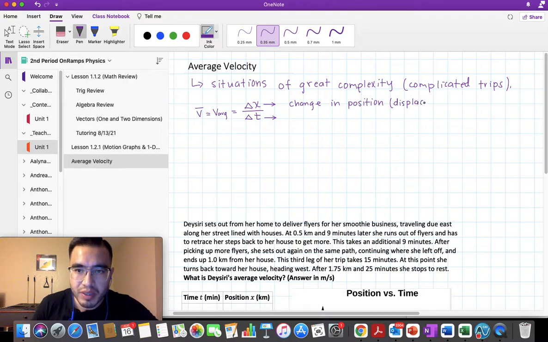Sometimes I'm going to say displacement, sometimes I'm going to say change in position, depending on my mood. I'm kidding, depending on the nature of the problem or example. And delta t is a time interval.